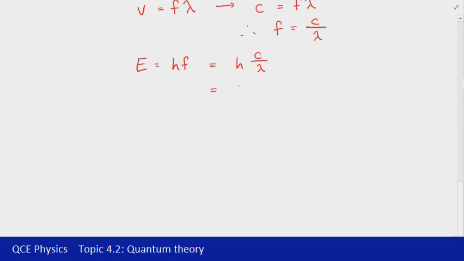Now we have the value of Planck's constant, 6.626 × 10^-34. We need to multiply that by the speed of light, 3.0 × 10^8, another value that's in the data booklet as we've already discussed, divided by the wavelength, 650 nanometers, and nano means × 10^-9. When you go through and do that calculation, you find that the value is 3.06 × 10^-19 joules.